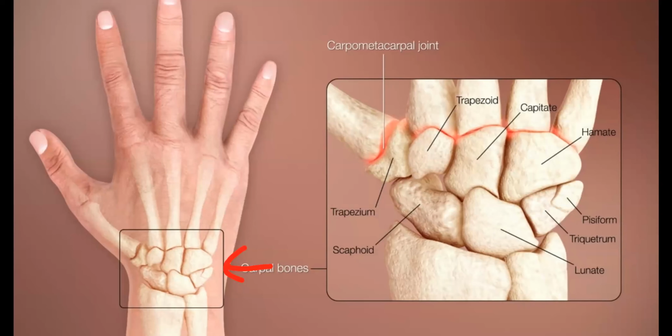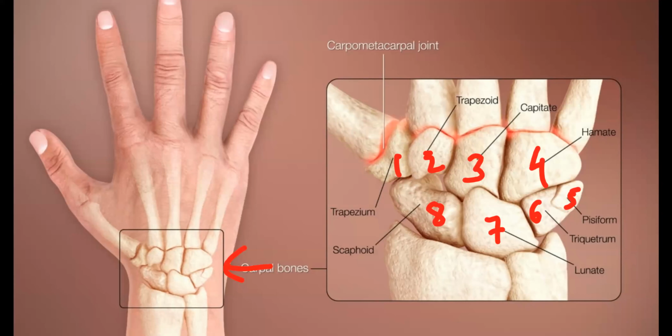Carpal is for the bones. How many are there? Exactly 8. Have a look. Number 1, number 2, number 3, number 4, number 5, number 6, number 7, number 8.